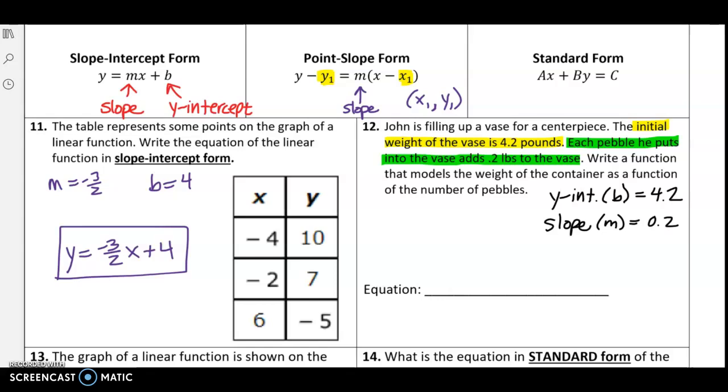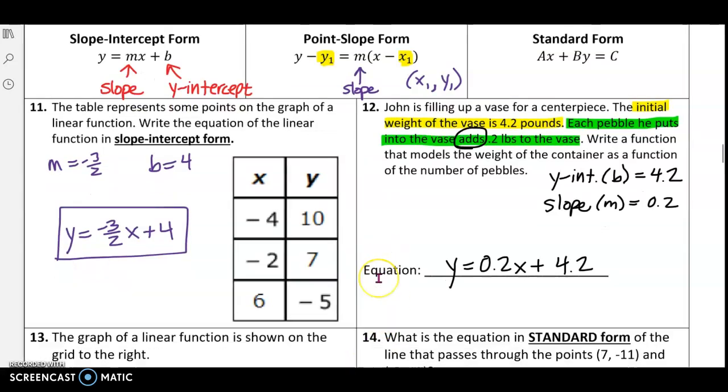And it's positive because it says the word adds. So let's write our equation. y equals 0.2x plus 4.2. So if you're trying to find the weight of the entire vase with the pebbles in it, you would add the weight of the vase, 4.2, to 0.2 times the number of pebbles that are in the vase.